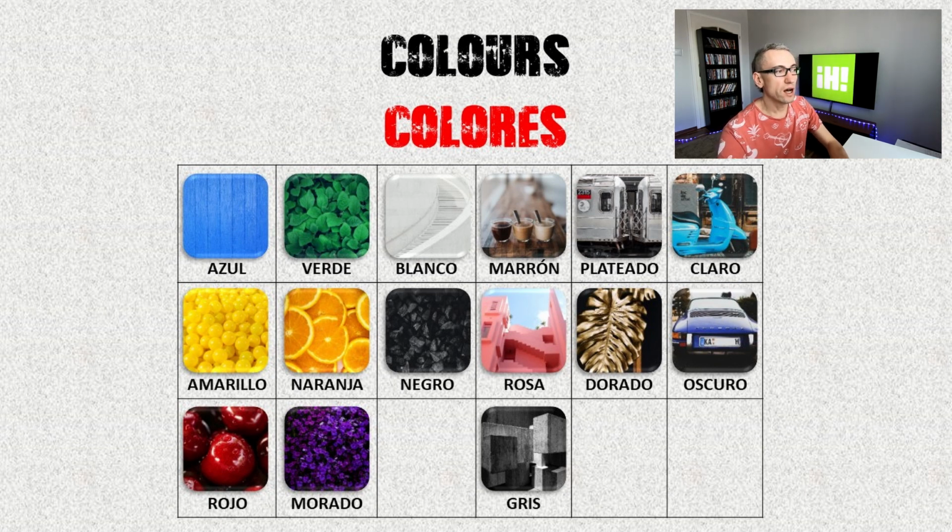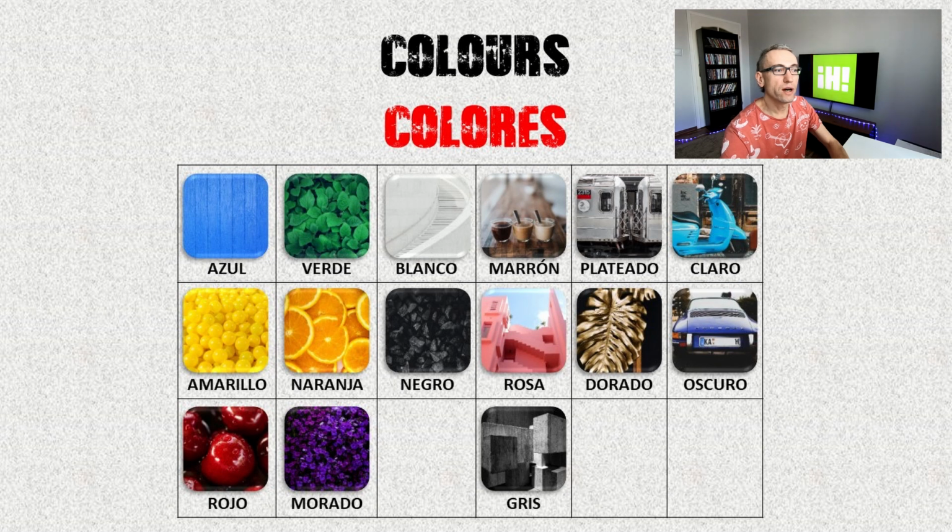Now let's see what we learned so far. We have azul, amarillo, and rojo, which is blue, yellow, and red. Then we have verde, naranja, y morado, which is green, orange, and purple. Of course, we have blanco and negro, which is white and black.